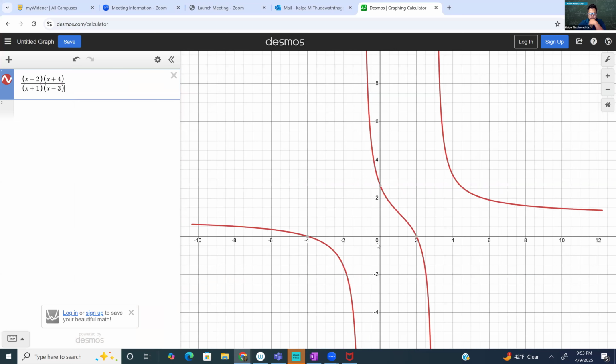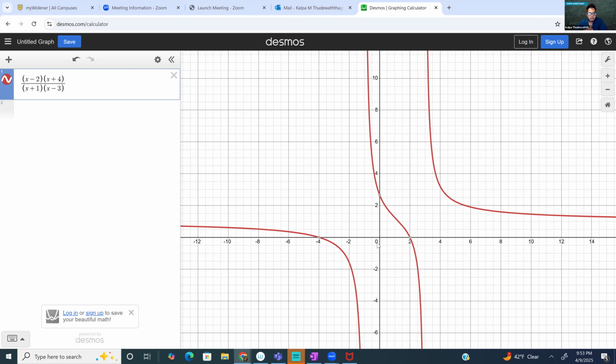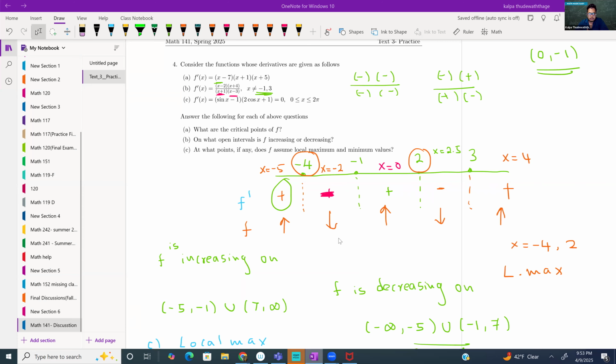But it's still, -4 isn't a max or min. Similarly, 2 isn't a max or min. I think I made a mistake. So let me double check, okay?